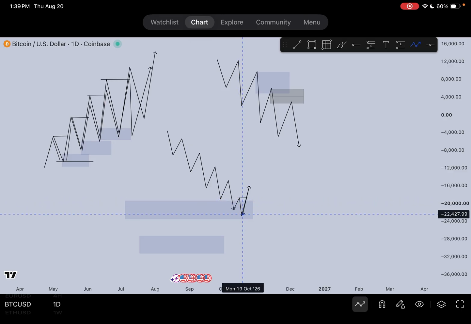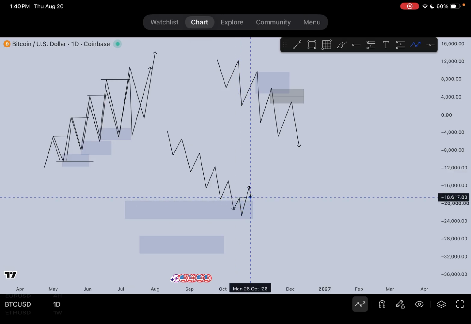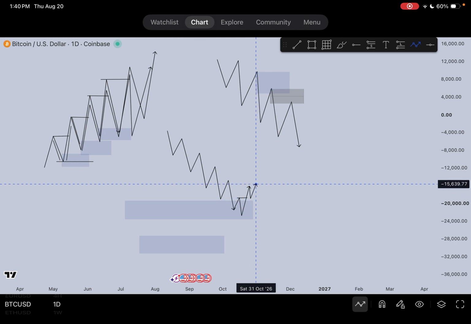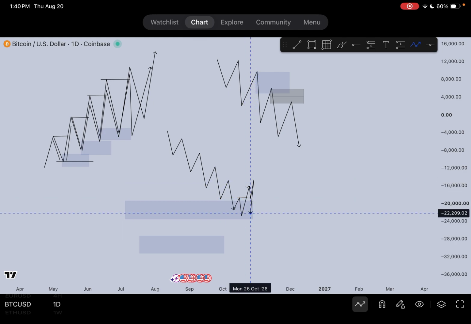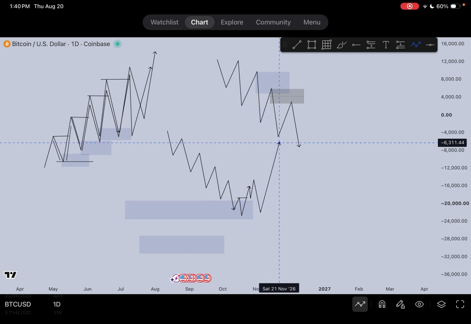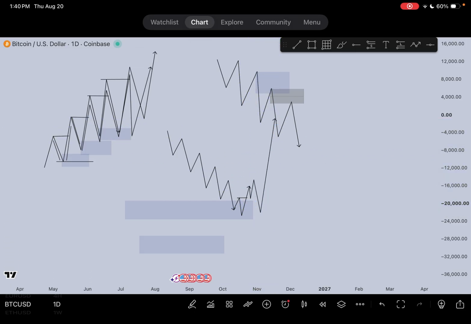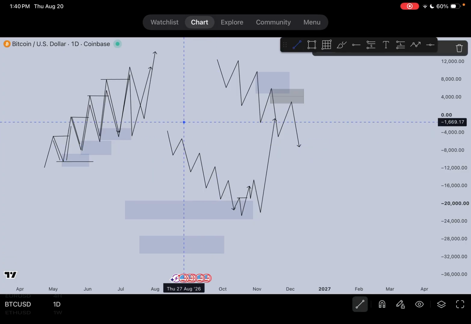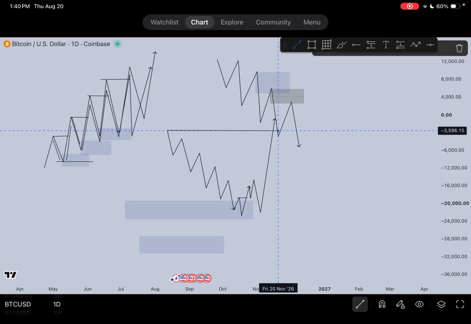We'll have to wait to use the other block. Let's say we have this push. Before that push to the upside, we're expecting to buy the market from this zone below, which is the other block, to take out the high of that trend, which is this particular zone here.